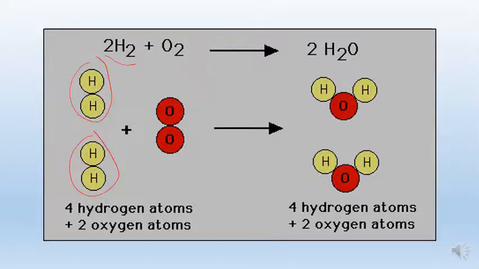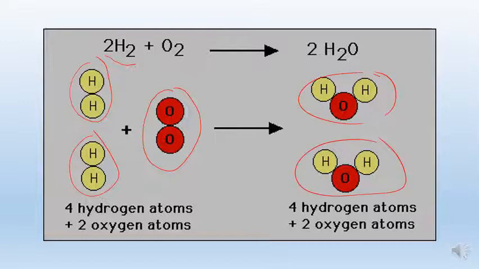You see two hydrogen molecules, and this combines with a single oxygen molecule, O2. And these are what we call diatomic gases, if you remember from grade 10. And if you get two hydrogen molecules reacting with a single oxygen molecule, what it does produce are two water molecules, or two H2O molecules.